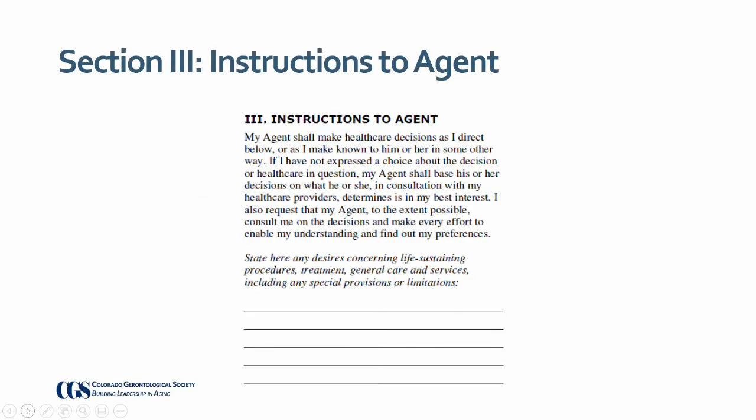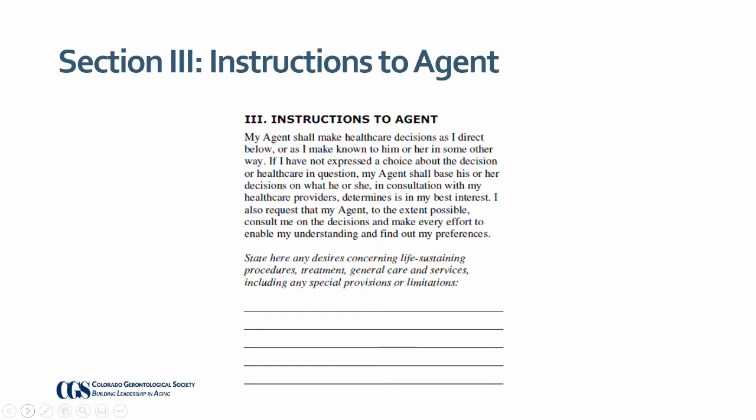So now let's go into section 3. This is where you have the ability to give any instructions to your agent. Understand that this part can be very long or very short, or you can leave it blank.